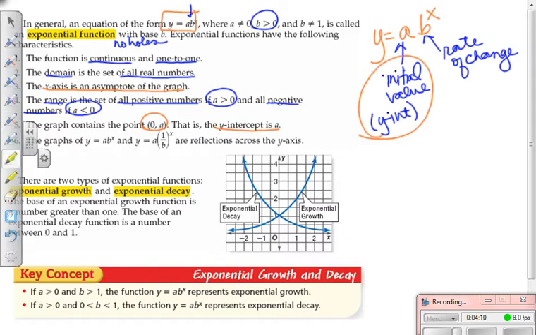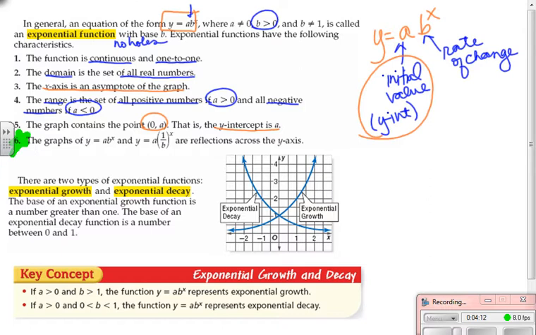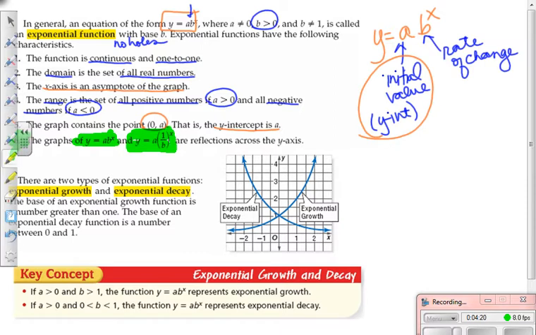And this last one. The graphs of y equals ab^x and y equals a times (1/b)^x are reflections over the y-axis. So if we flip, here's our graph that says y equals ab^x.